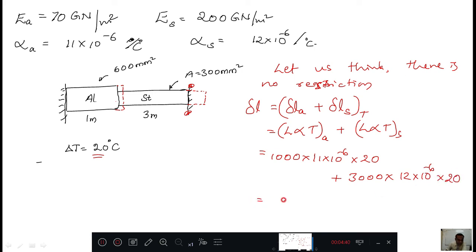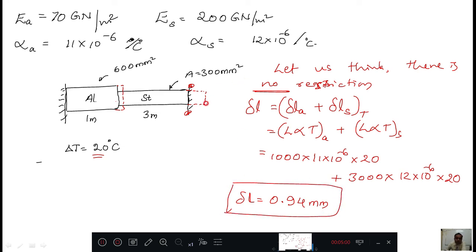This answer is 0.94 mm. I got 0.94 mm. This is when we assume that there is no restriction.